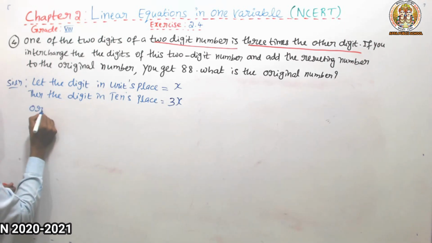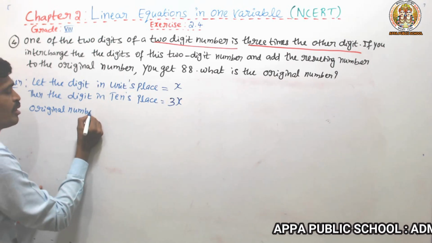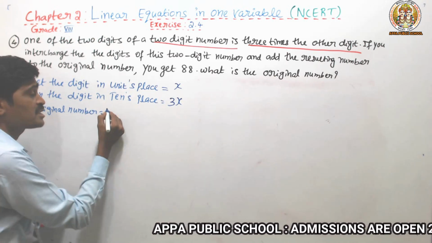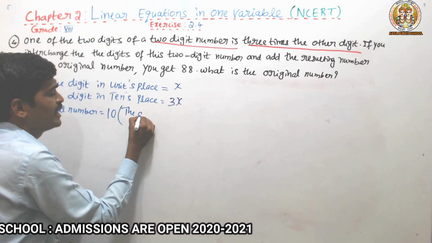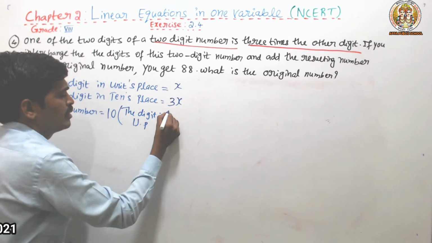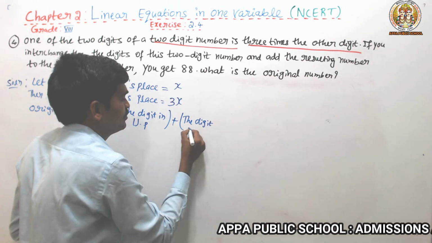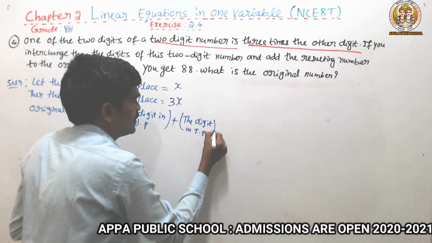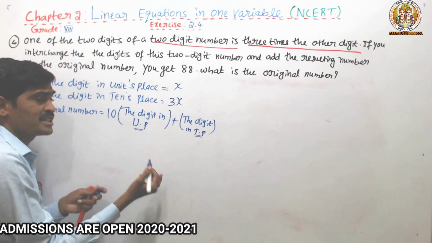Next step, original number. Original number is equal to 10, the highest place value, times the digit in UP plus the digit in TP. You can write TP first and UP also, no problem, because next step we have to interchange.